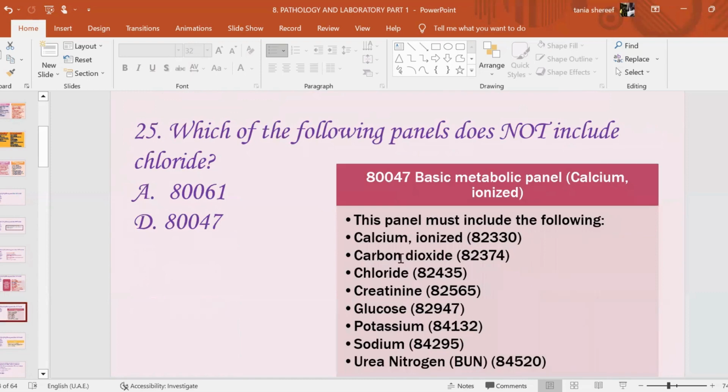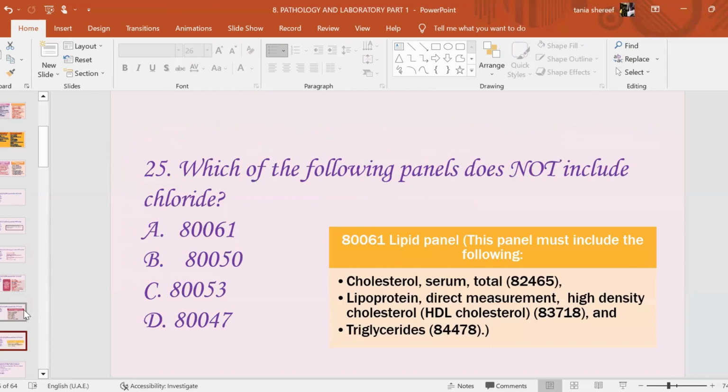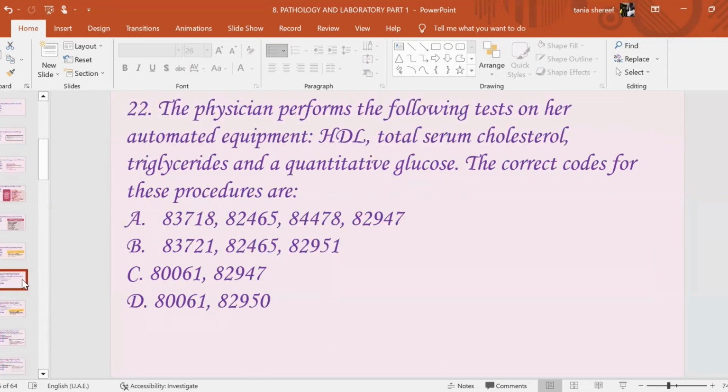That is a basic metabolic panel, and again we can see chloride here. So D we also have to remove. So our answer is A. A is 80,061, where we can't see any chloride, only total serum cholesterol, HDL, and triglyceride. So our answer is A, 80,061.